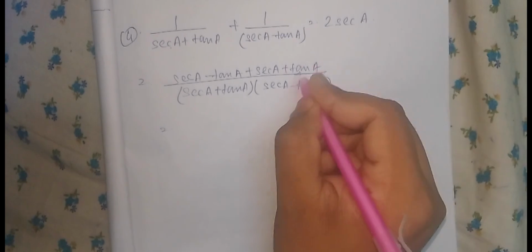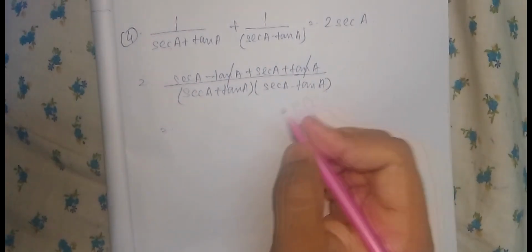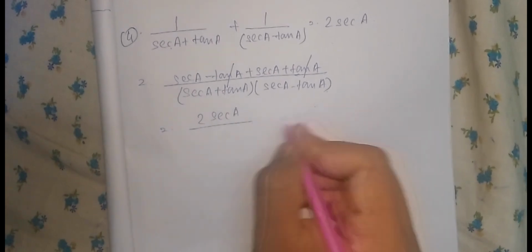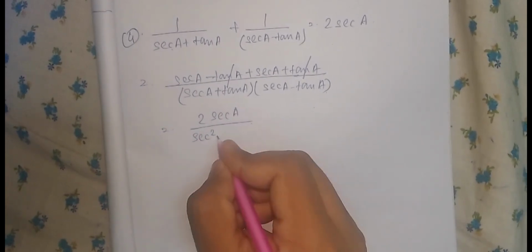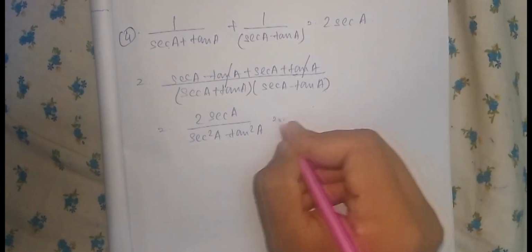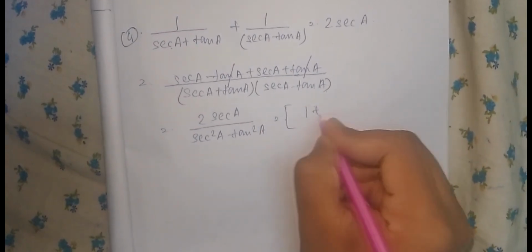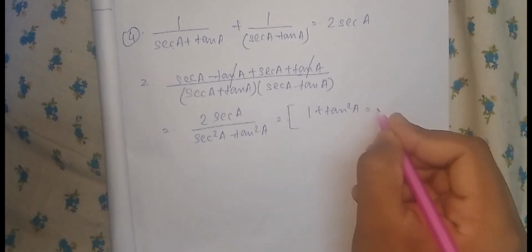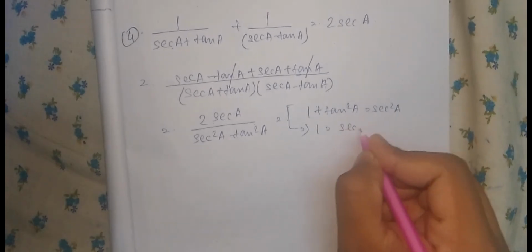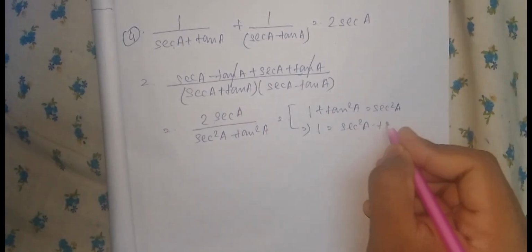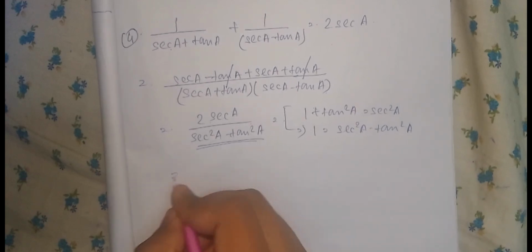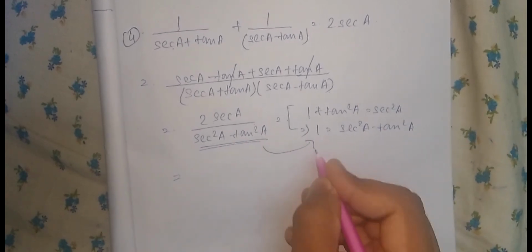So here the plus tan A and minus tan A will get cancelled, and we get 2 sec A. Under the denominator, it will form sec square A minus tan square A. Here we know that 1 plus tan square A equals sec square A, so 1 equals sec square A minus tan square A. We can substitute this value as 1 over here.